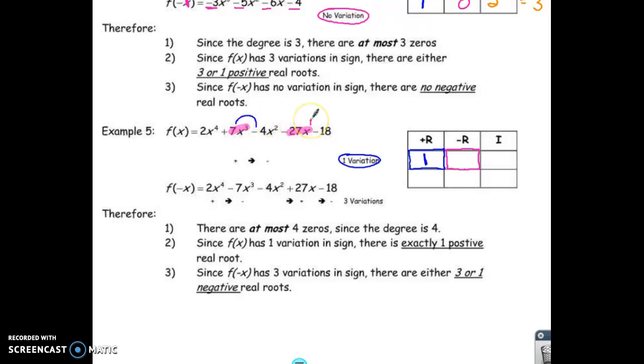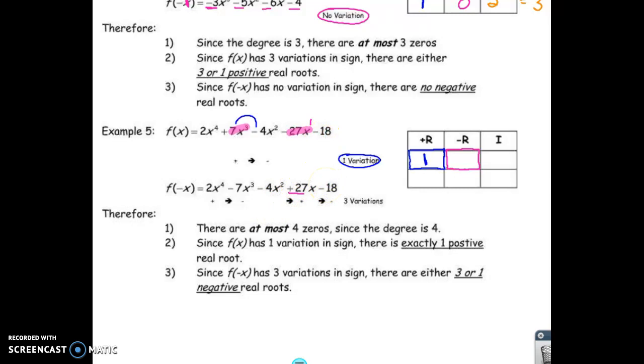Odd exponents get changed sign. So this 2 stays a 2. This positive 7 we have to change because it's like throwing in a -1 right here, and we get a negative right there. -4 stays because it's an even exponent. The -27 gets changed to a positive 27 right there. And then constants stay constants.